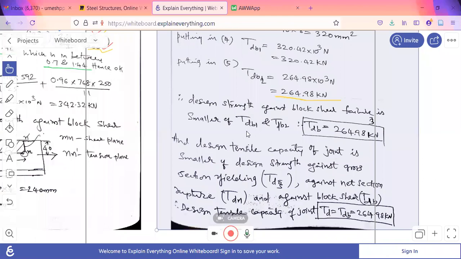TDN, TDG and TDB, the smallest is 264.98, say 265 we can say. The design tensile capacity is smaller than the design strength against cross section yielding and against net section rupture. All this compared, therefore the design tensile capacity TD is equal to 264.98 or 265. This is the final answer that we have arrived at.